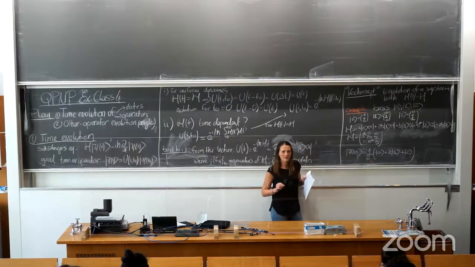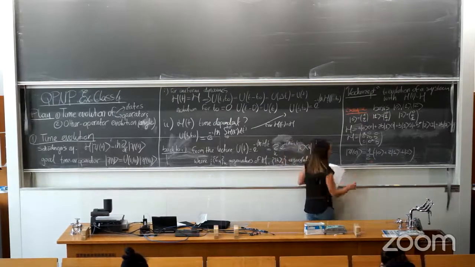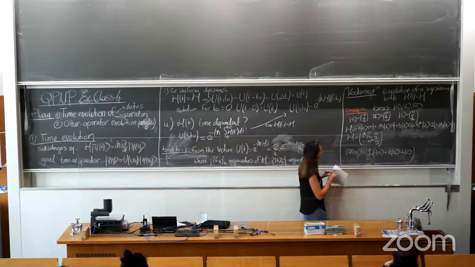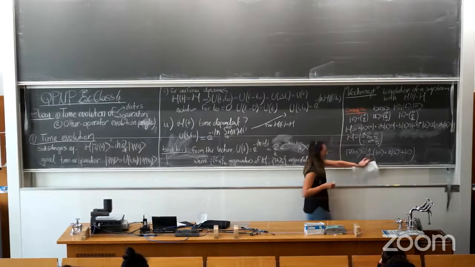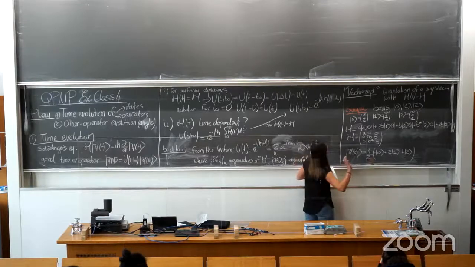No, because it's not normalized. Perfect. This is a normalization constant. Sometimes they give a state or initial state as a superposition. Check that the initial state is normalized. But I think in the exercise sheet, everything is normalized.